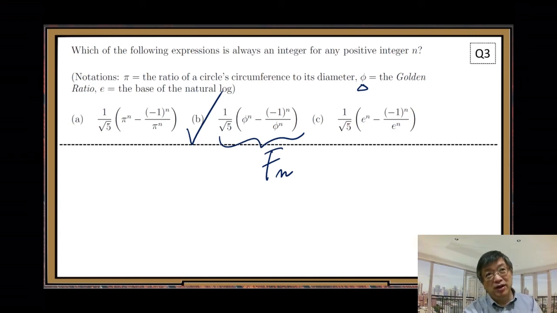If you want to be safe, you can plug in 1 in each of A and C. It's not too hard to calculate, so you will see there won't be any integer. All right, so that is question number 3. So we finish our part E.1 here.